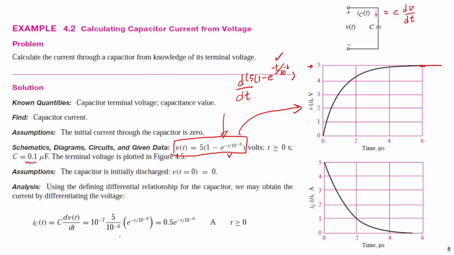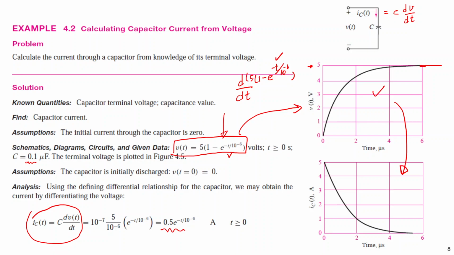So C dV/dt, just take the derivative. This value becomes 10^-7 times 5 over 10^-6 times e^(-t/10^-6). Then we get the current. By this equation, this is the voltage and the current flow will be in this form.